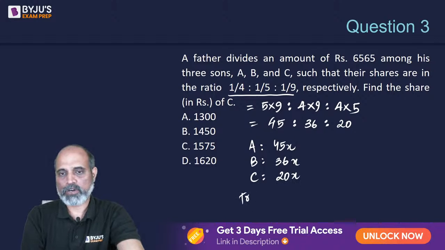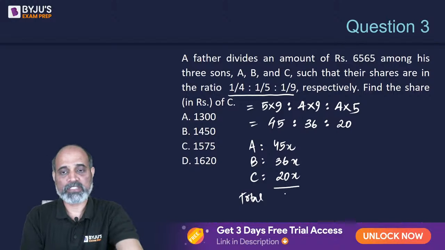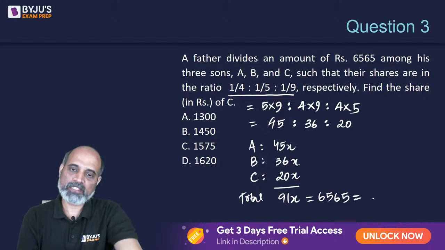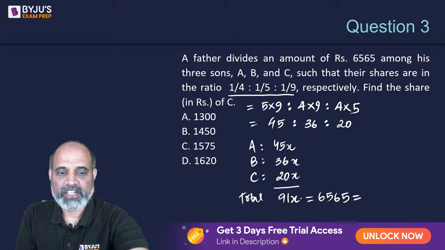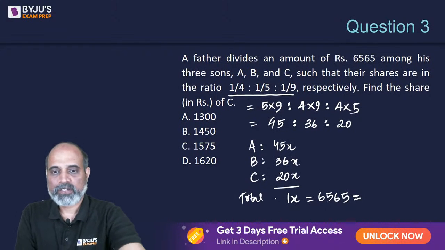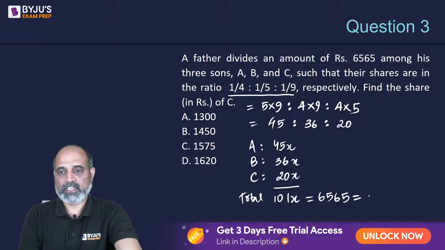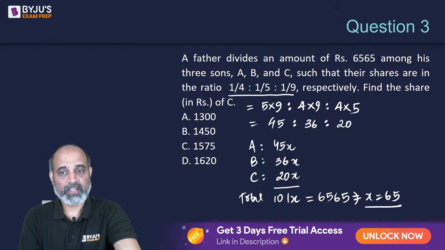So the total amount that they receive is 45 plus 36 plus 20, which is 81 plus 20, 101x, right? And this 101x is given as 6565, not 91, it's 101. So this gives us x is going to be equal to 65, right?